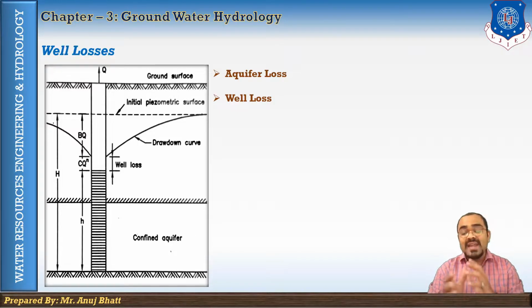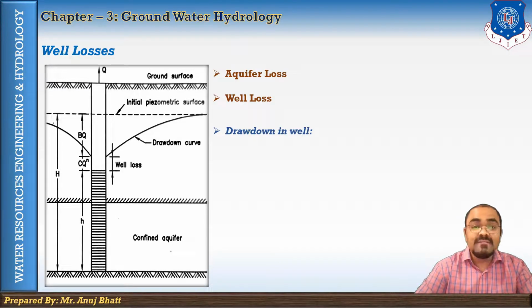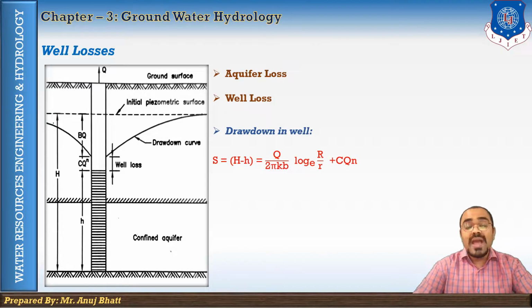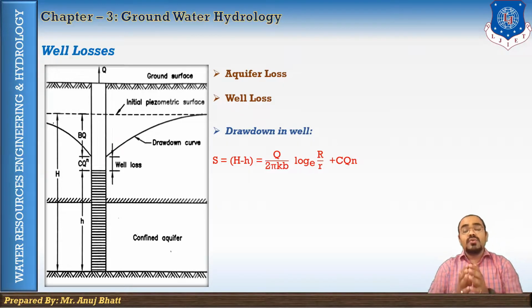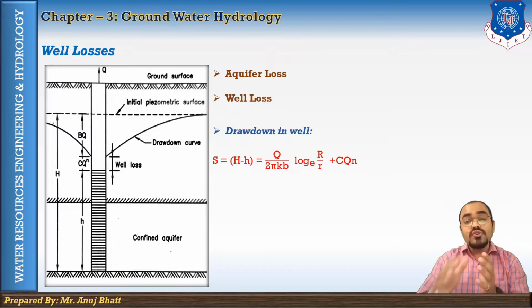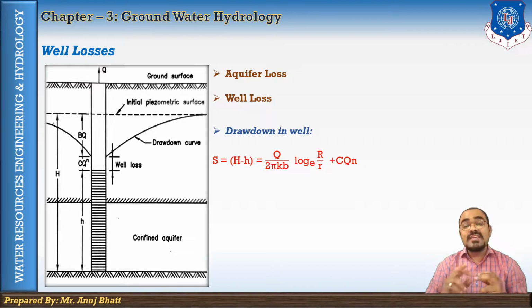To understand this formulation, you need to understand the drawdown equation for the well, that is s = H - h. Here we know that s = Q/(2πKb) log(R/r_w) + CQ^n, where C is a constant known as the coefficient of well loss, and Q is the discharge.